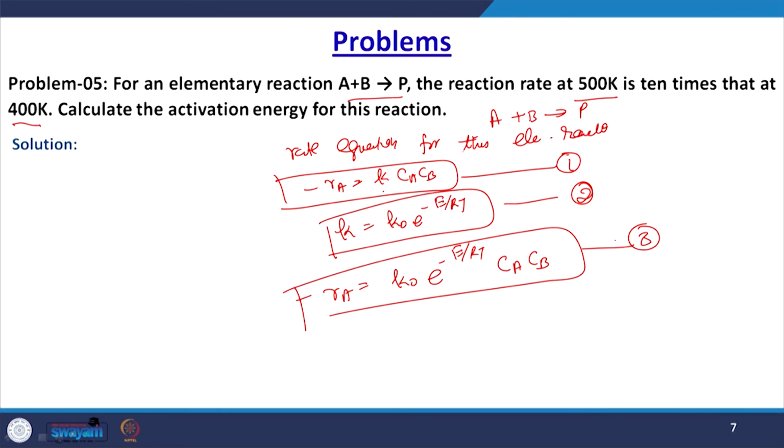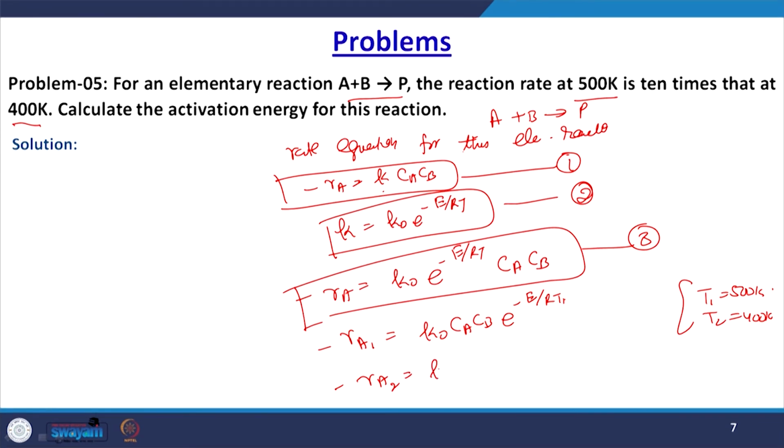Now according to the question, the reaction rate at 500 Kelvin is 10 times that at 400 Kelvin. So minus Ra1 is equal to K naught Ca Cb e to the power minus E upon RT1. Let T1 be 500 Kelvin and T2 be 400 Kelvin, and minus Ra2 is equal to K naught Ca Cb e to the power minus E upon RT2.